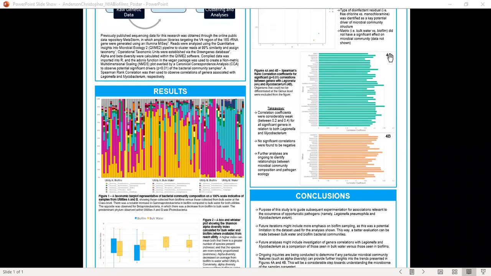And also to this end, none of these significant correlations were found to be negative, which is actually what we would probably hope for in this study.